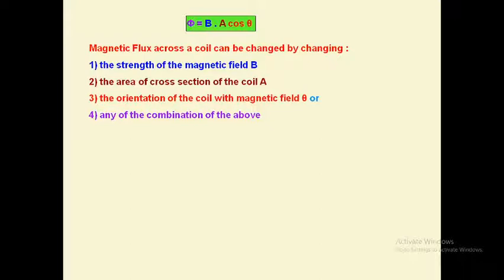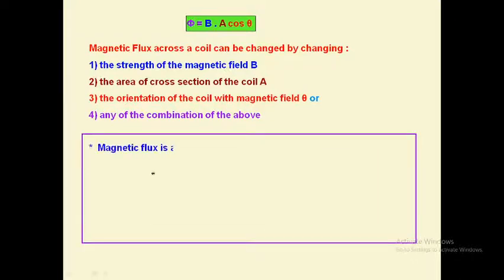Means it is not necessary that at one time you change only one. You can change two things or three things also simultaneously. So these are some methods for changing flux.